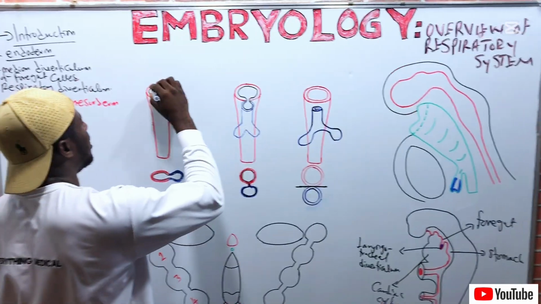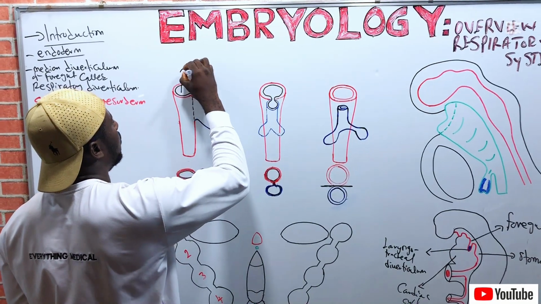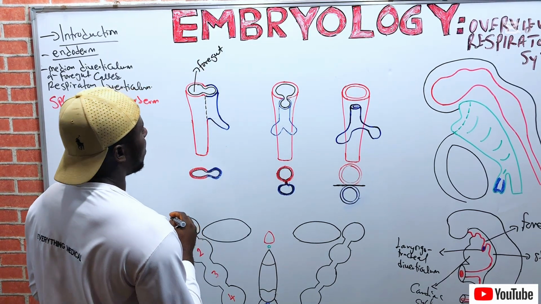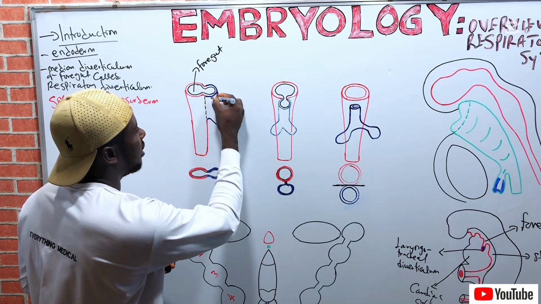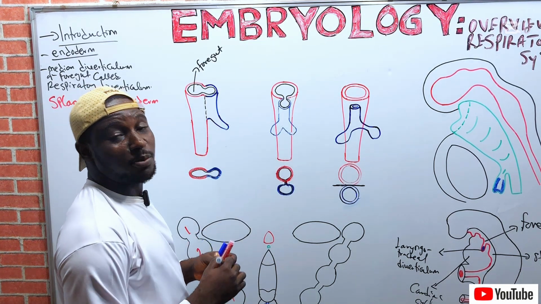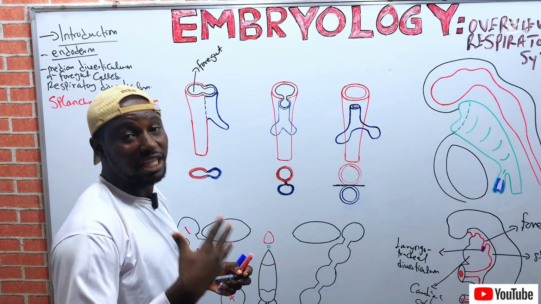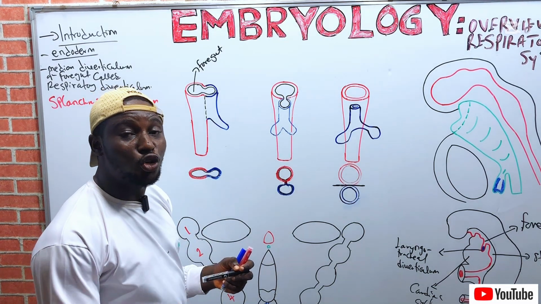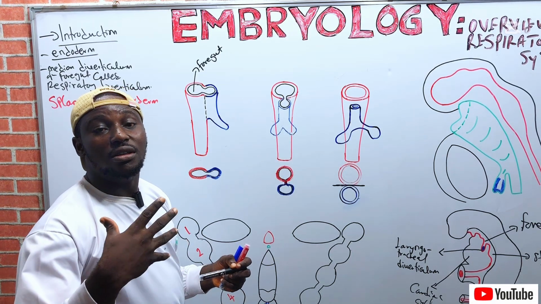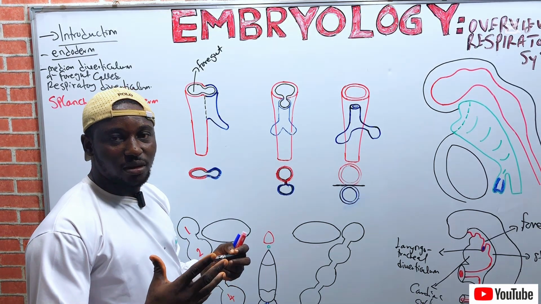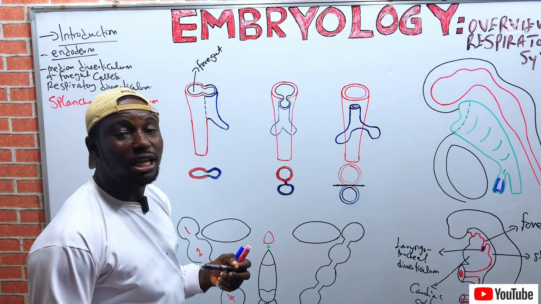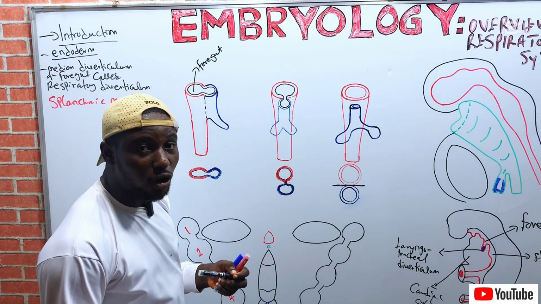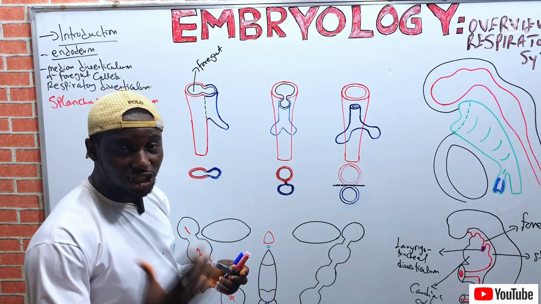Now, this is the foregut. This structure here is what we call the respiratory diverticulum or the laryngotrachea diverticulum. Recall that I said previously that it developed from the median diverticulum of the foregut, called the respiratory diverticulum, right?